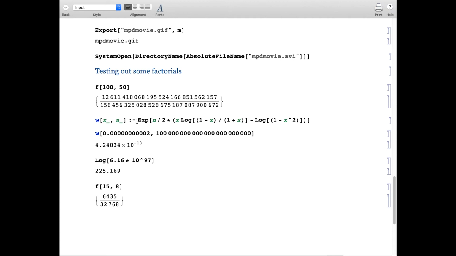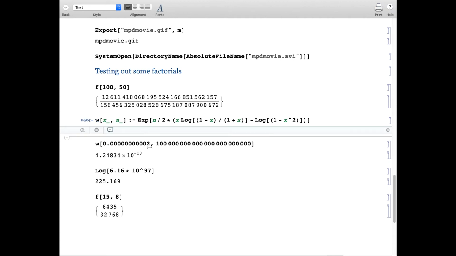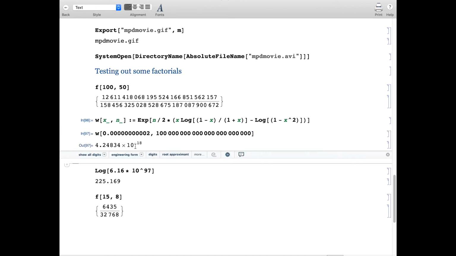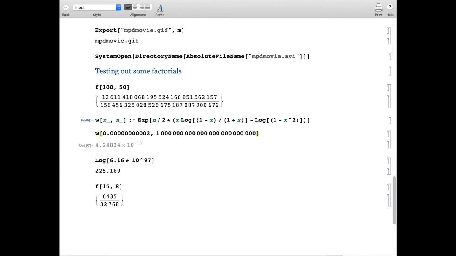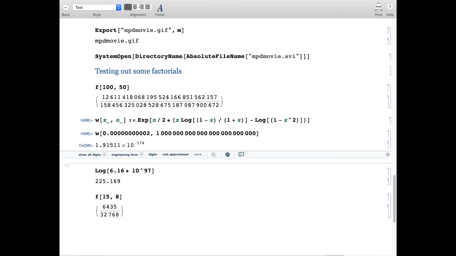If you use this formula you can get the same value. For example, I will show you this one, if this is my function, I can use this and get the same number. Now, this is 10 to the power 23, if I use one more 0, let us see how much I get. As you can see I am getting 10 to the power minus 174.